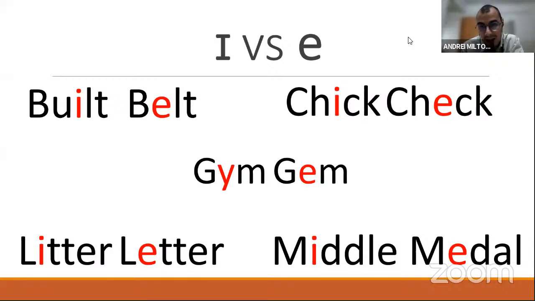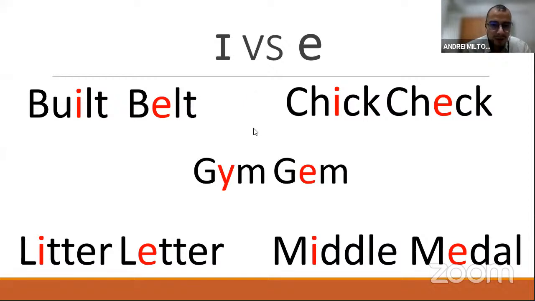Middle, medal, right? Build, belt, chick, check, gym, gem, liter, letter, middle, medal. Do you want a medal from the Olympics? Who's going to win? Very good. I think Vishnu wants to be a professional Olympic guy, right?